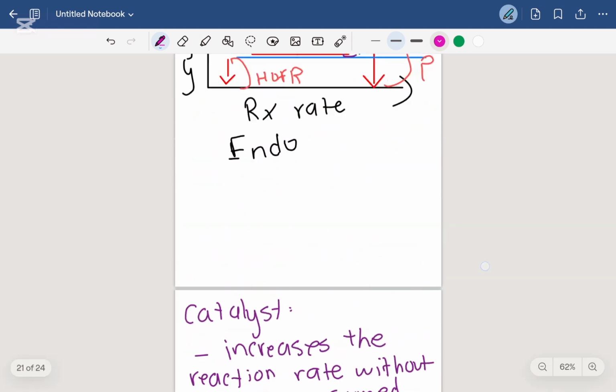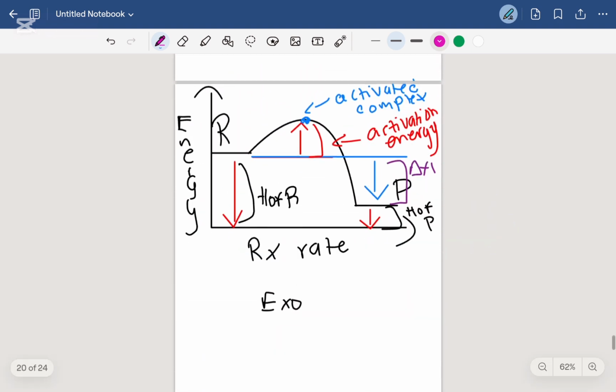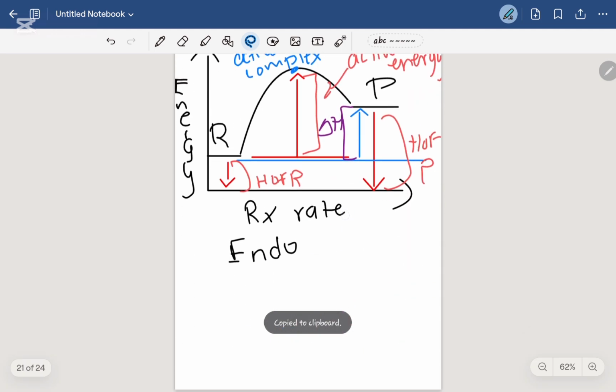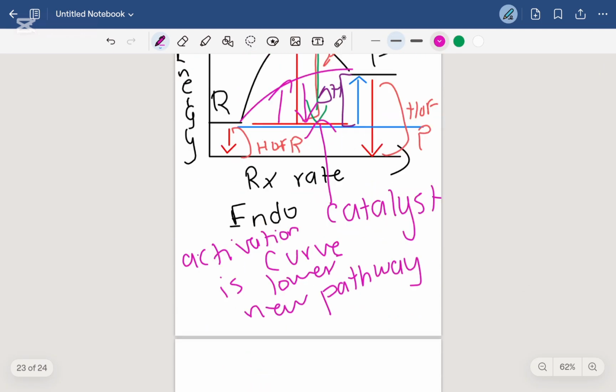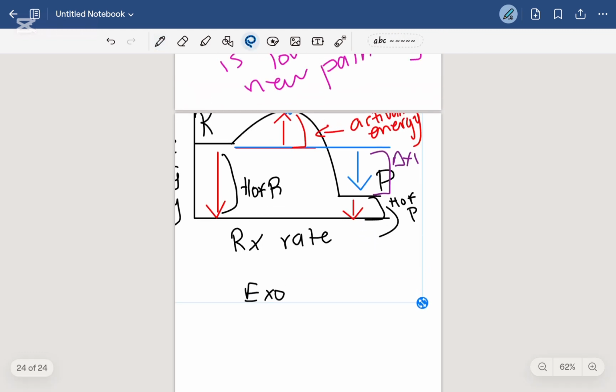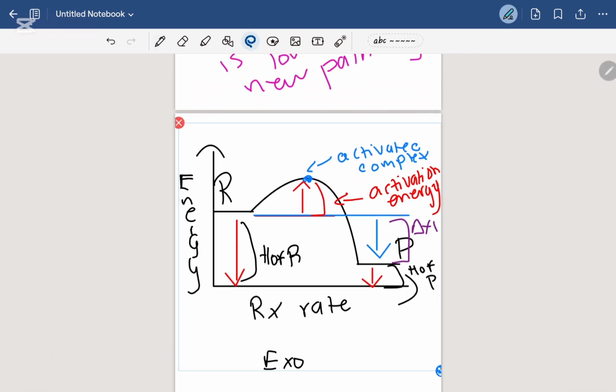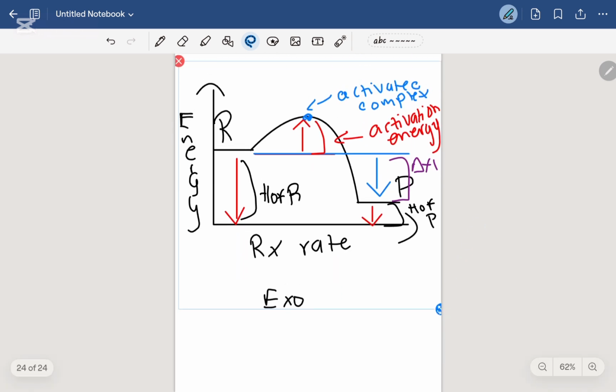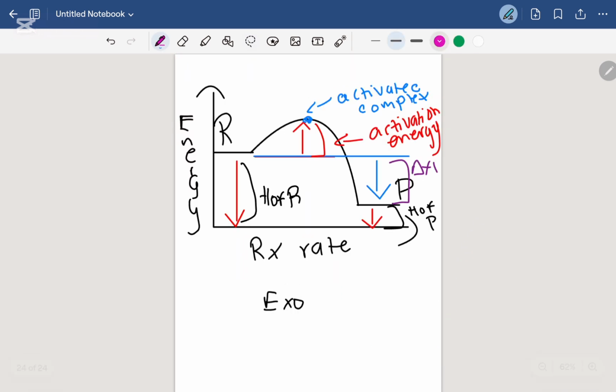Let us also do the exothermic, because we did endothermic. Control C, paste it here. Okay, here we have our exothermic. Let's say we added a catalyst, okay? If we add a catalyst, we said that the forward and backward reactions would decrease.